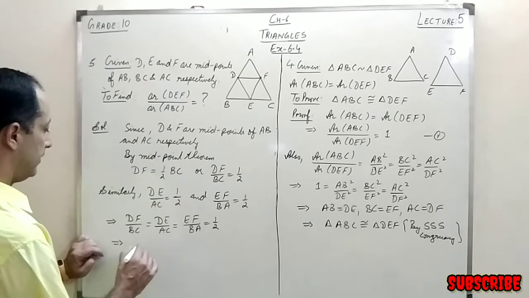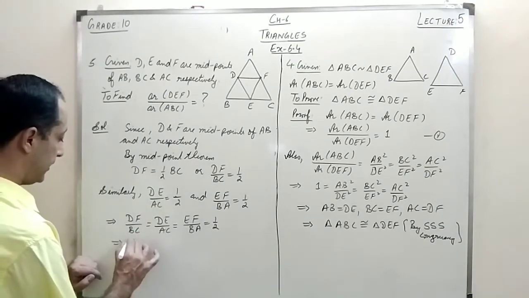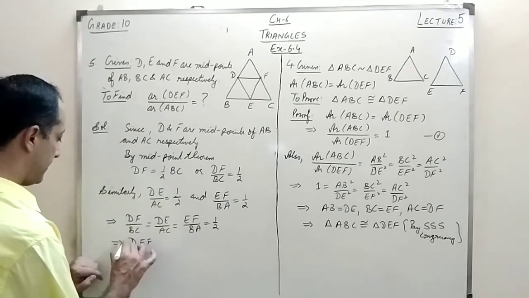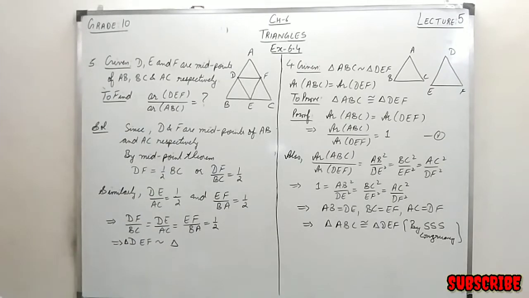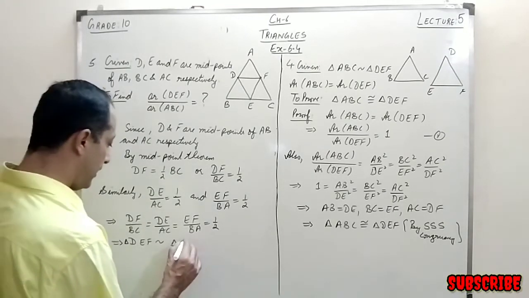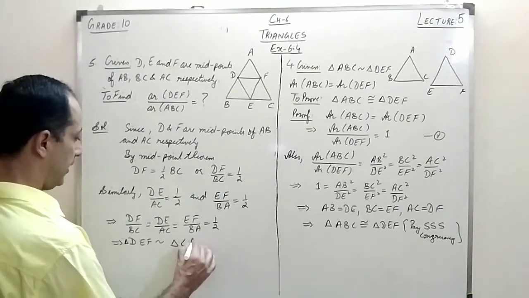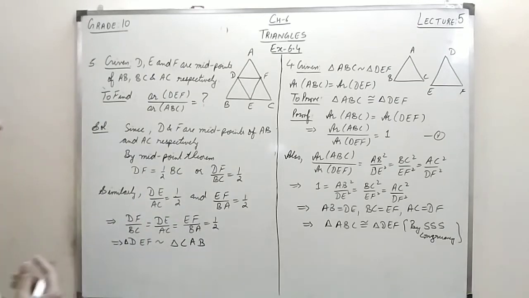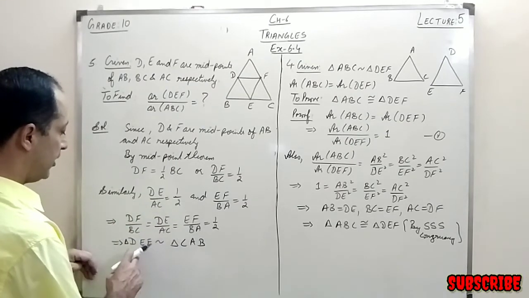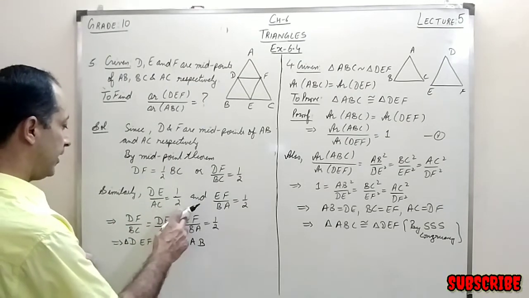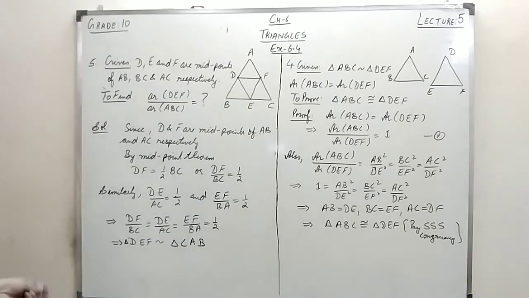Therefore triangle, now the problem is how to write the name of the triangle. So let's see. So this is DEF is similar to triangle. Now this D corresponds to C. So I write C. The E corresponds to A. So I write A. And F corresponds to B. Now how I get, see, D is here and C is also here, so D corresponds to C. E is here also and here also. A is also here and here also, so I can write A and the remaining is B. So they are similar by SSS.